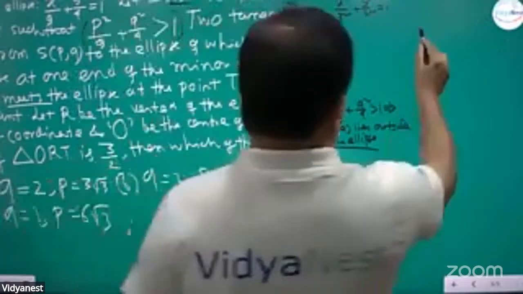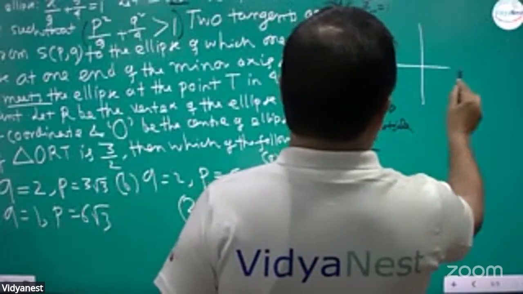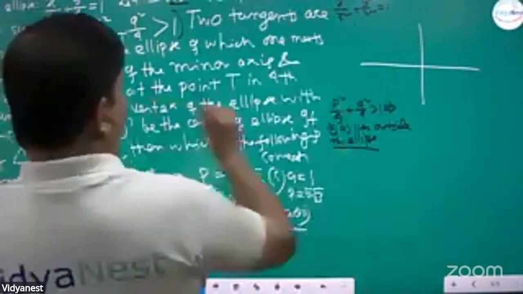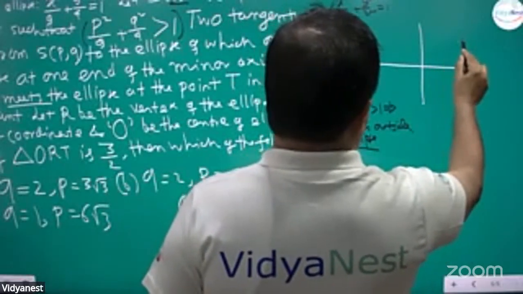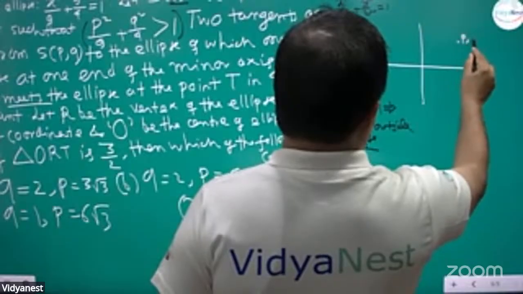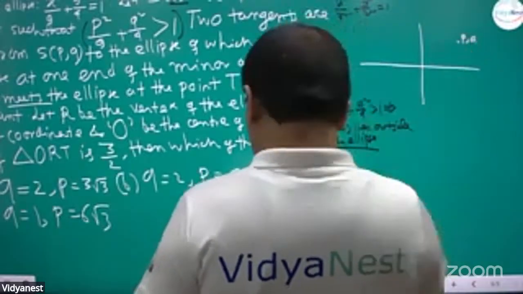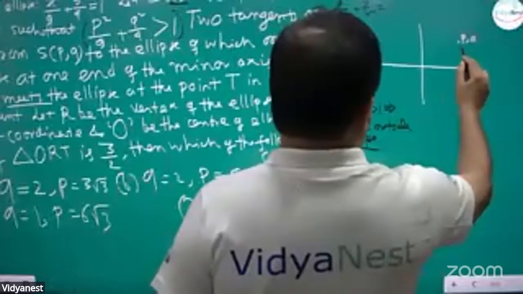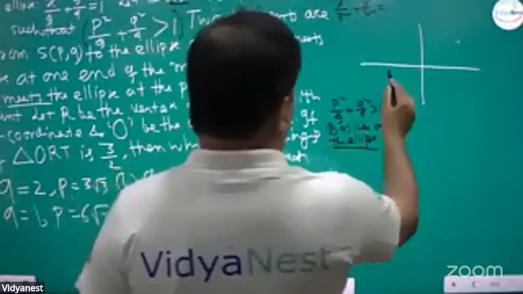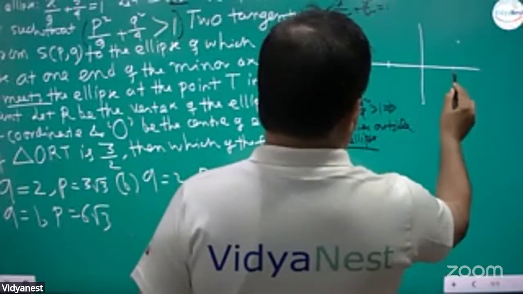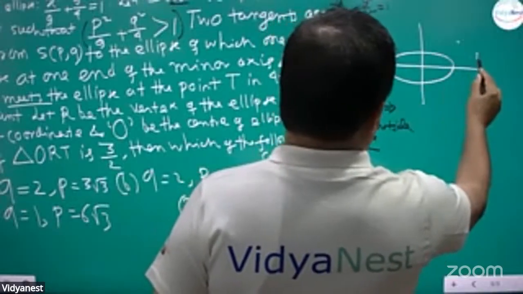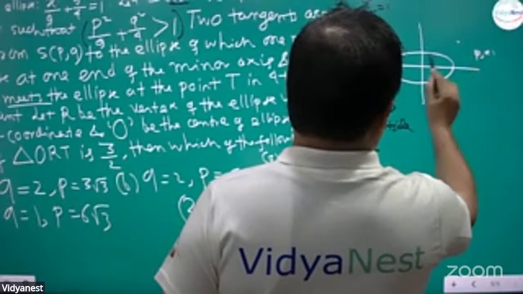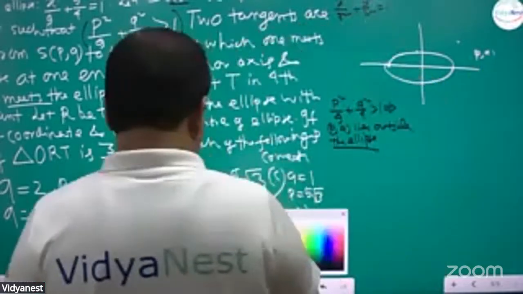See, x square by 9. First, there is the point PQ. One tangent is drawn here.